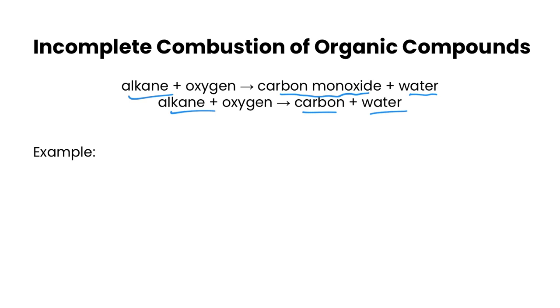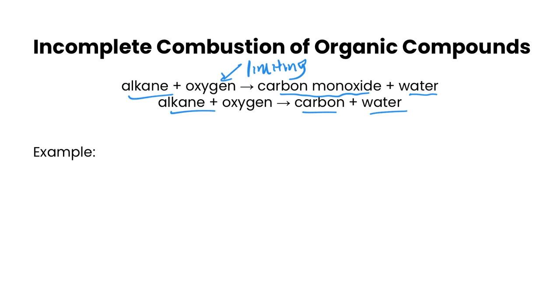And that's going to depend on the oxygen. So typically in a combustion reaction, oxygen's in excess and the limiting reactant is the fuel. But in incomplete combustion, oxygen becomes limiting. So this is our limiting reactant here, and the fuel is in excess.